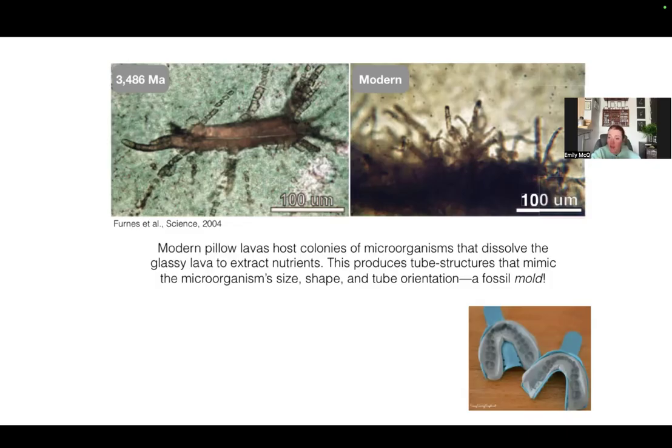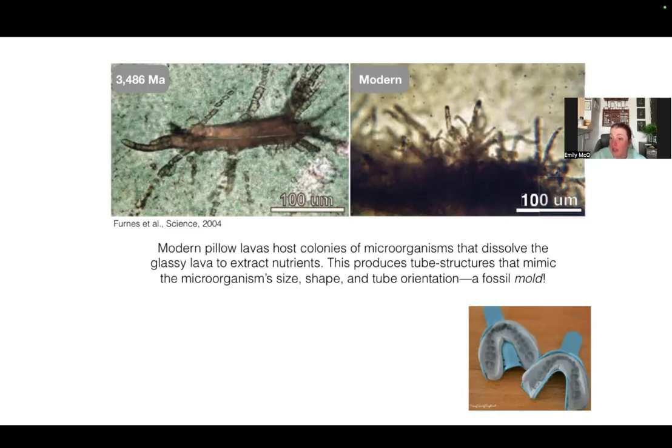So we have evidence that says, yeah, okay, just because these were casts, we still believe that they're 3.5 billion years old because of this other isotopic data that we got, the radiometric dating, and these other rock formations that dated to 3.5 billion years ago cut through these organisms as well.